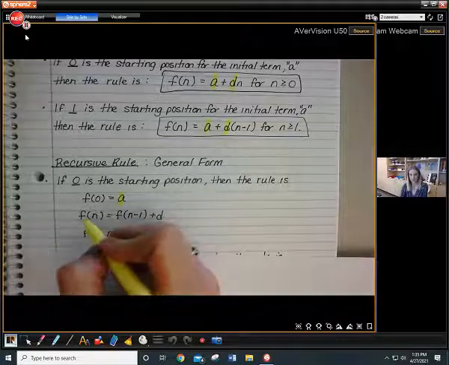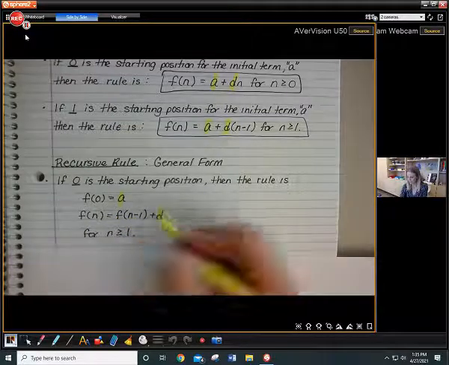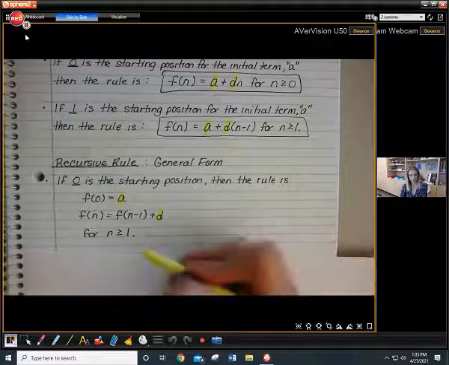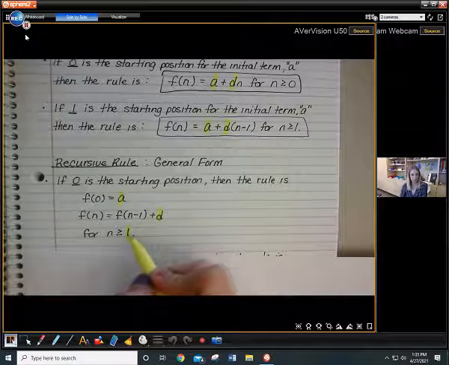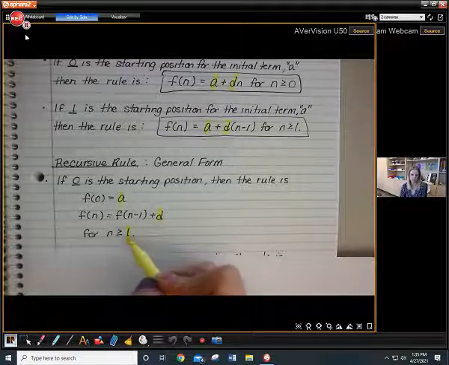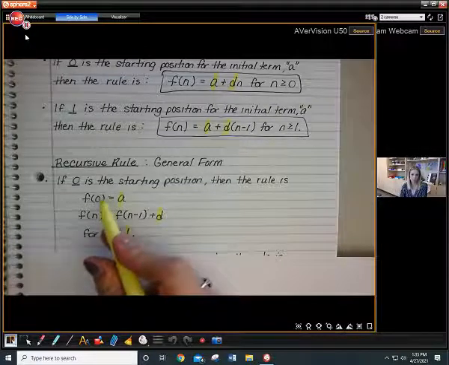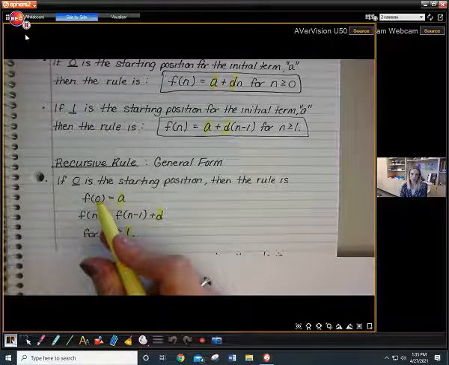Then you're going to write down f of n equals f of n minus 1 plus, you'll put your common difference. And then you're probably going to have to fill in the inequality. Pretty sure on HRW it leaves this blank. This will always be one more than what they have for the value in the parenthesis here.